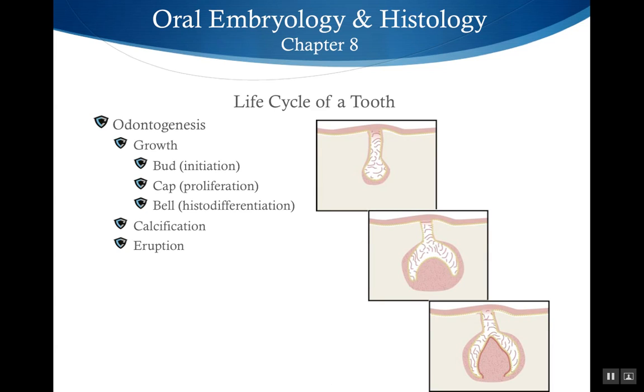Now, calcification occurs when the structures formed during the growth stage are hardened by the deposition of calcium and other mineral salts. The enamel is formed layer by layer, by cells known as ameloblasts, and those work outward from the dentino-enamel junction.